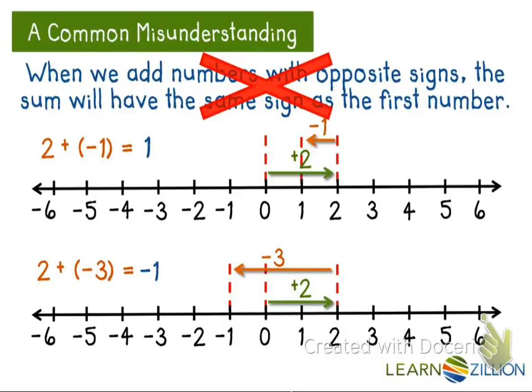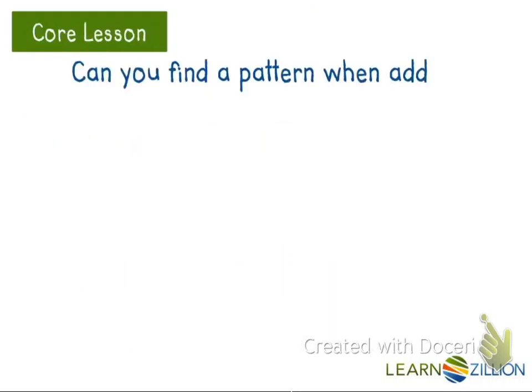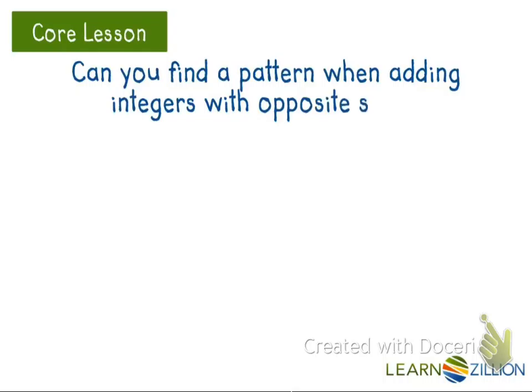So how can we find the sum without using a number line? First, let's see if we can see a pattern. Can you find a pattern when adding integers with opposite signs?